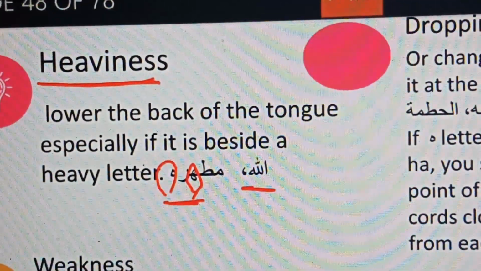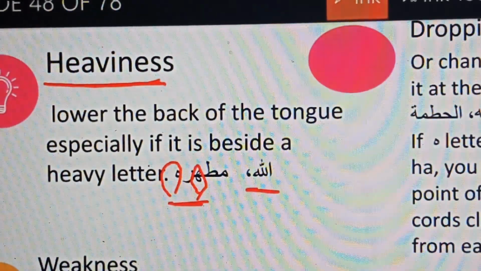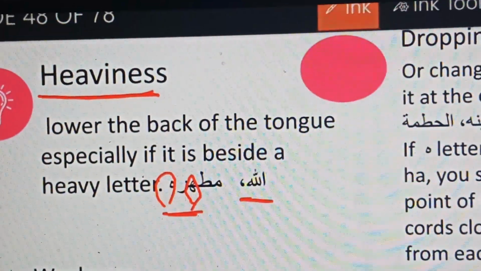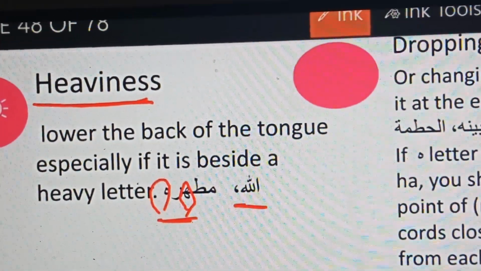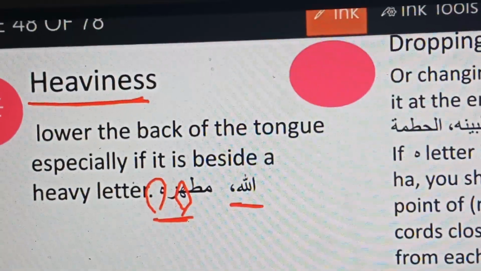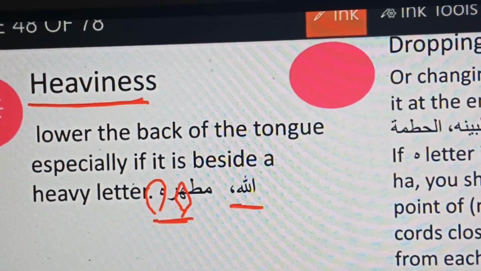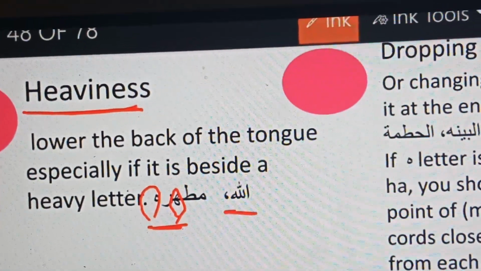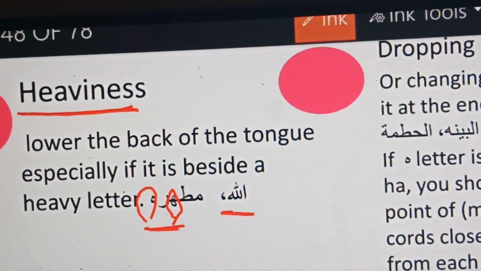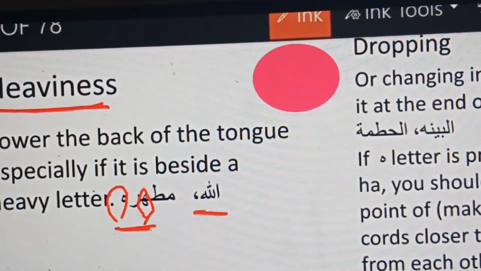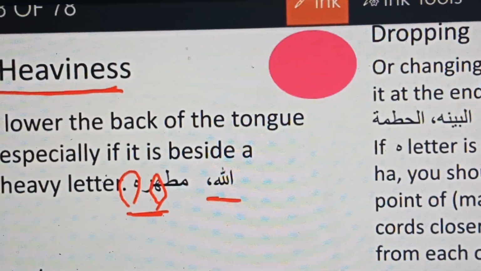Then you go to the ra, mutahhar. The tongue is elevated, and the ra returns back to the ha.